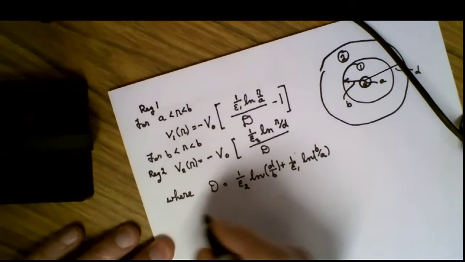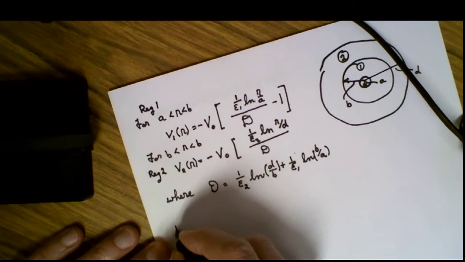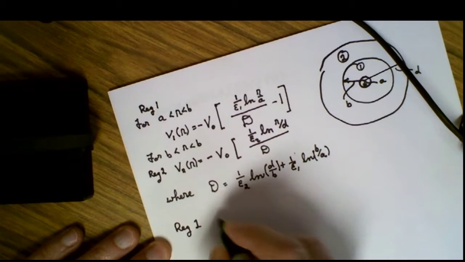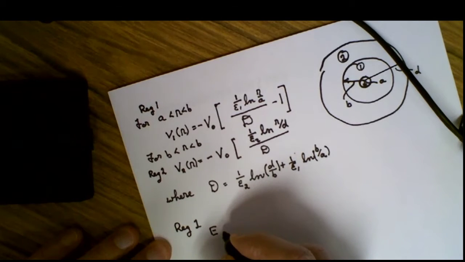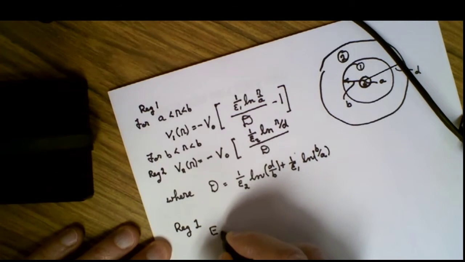That the electric field in region 1 is in the radial direction. It's a function of radius.